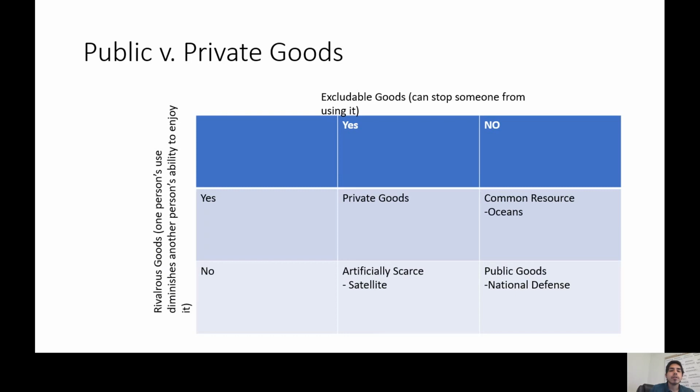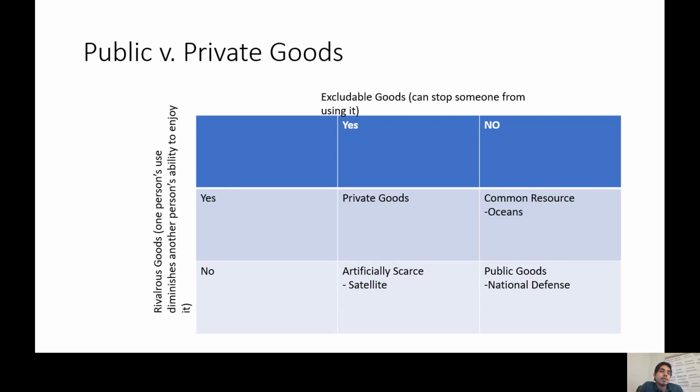But I want to move on to other types of tools that we've developed in this class, or concepts that we can use to further our understanding of climate change, right? So we talked about public versus private goods, and this kind of also relates to game theory.